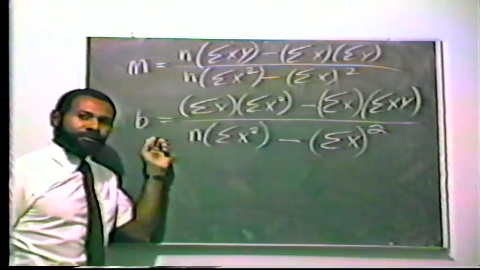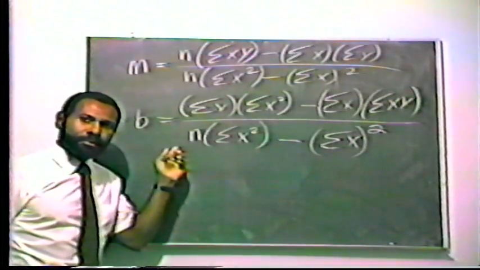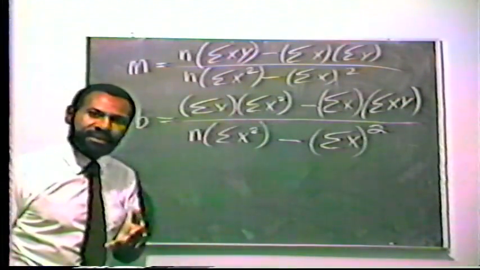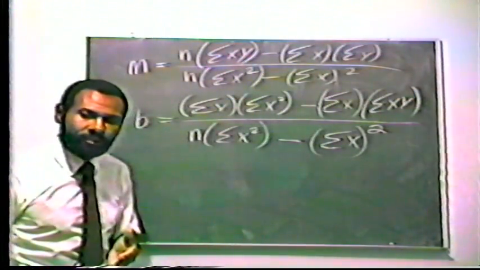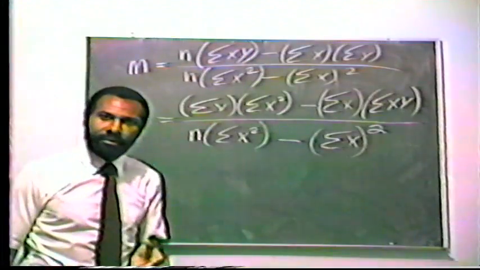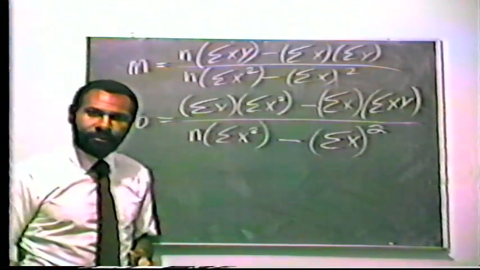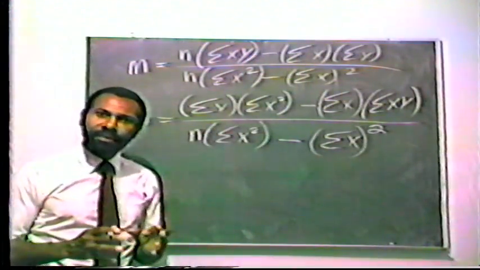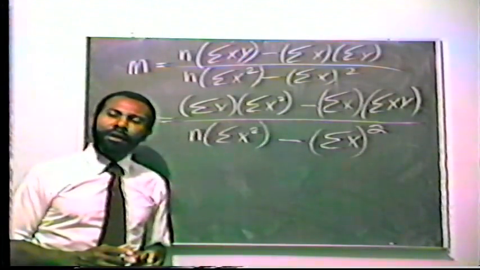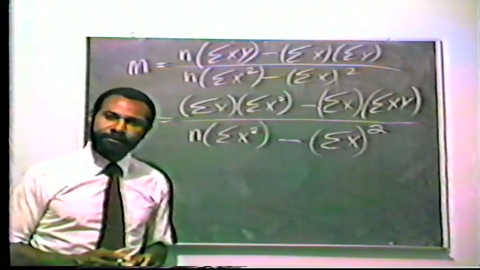This is the formula for the y-intercept of the line of best fit for a data set, what we call the regression line. Regression analysis is coming up with the equation of the line of best fit.